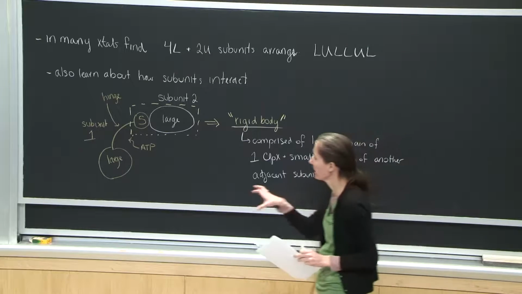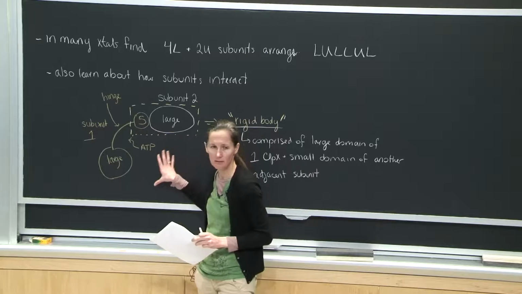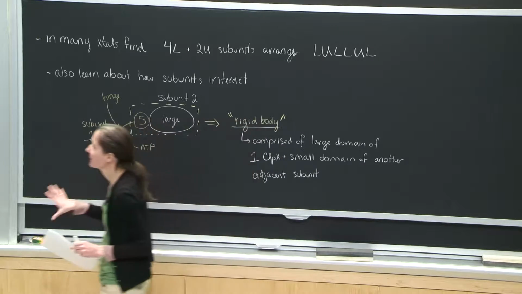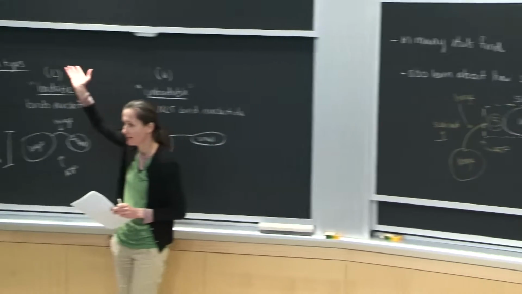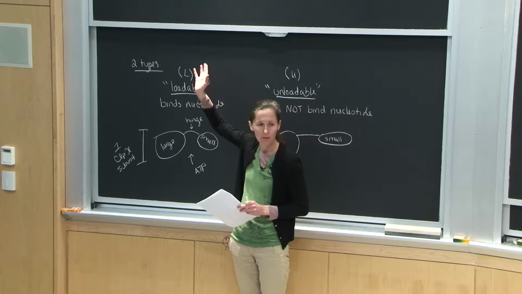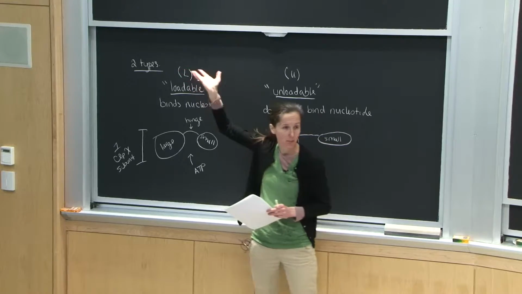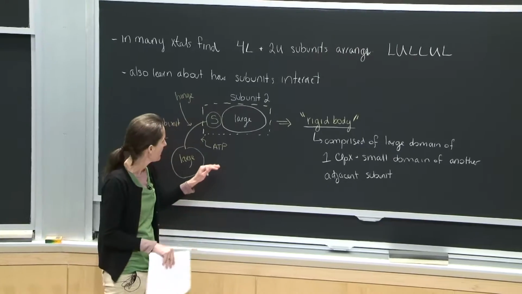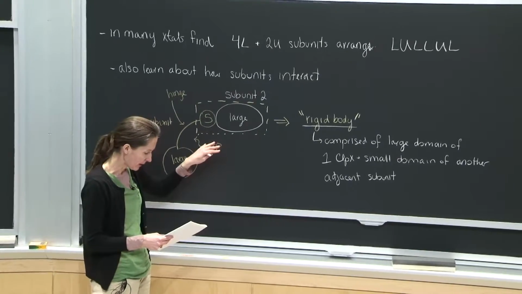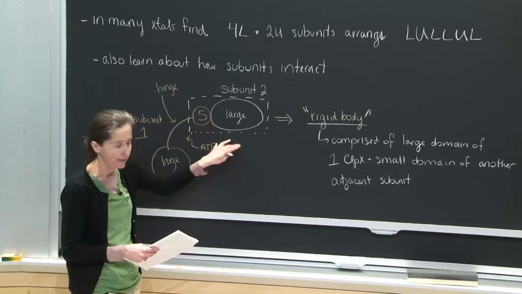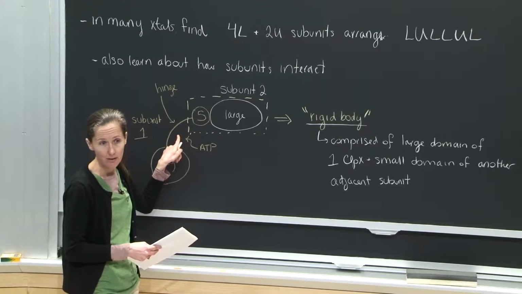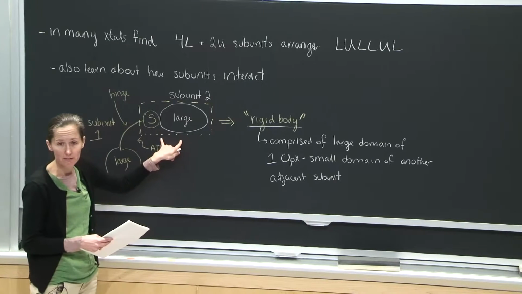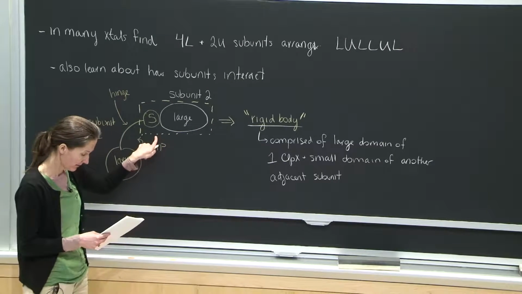So in thinking about this, we can consider the ClpX hexamer in another way, right? So how I've initially presented it to you when we introduced these oligomers is just as a hexamer, right? 6 subunits. But another way to think about ClpX is that it's actually 6 rigid bodies that are connected by hinges, where each rigid body has a component from 2 subunits, a large domain from one and a small from another.